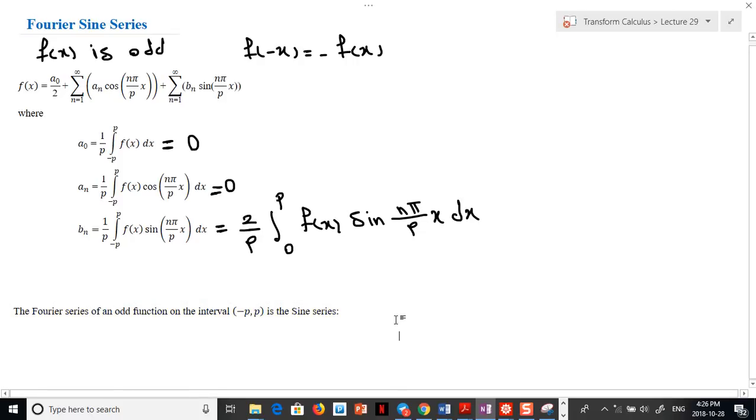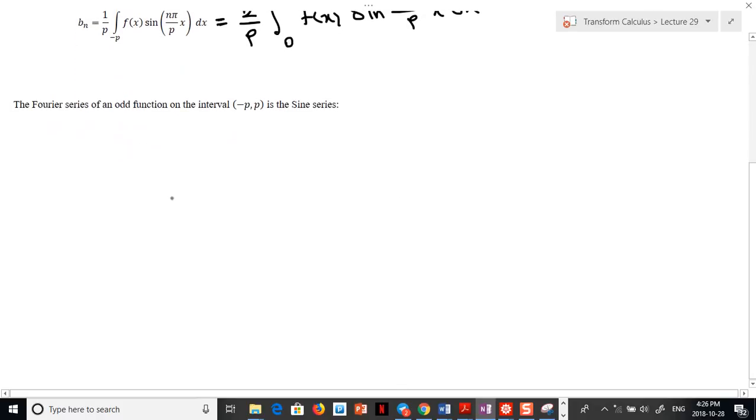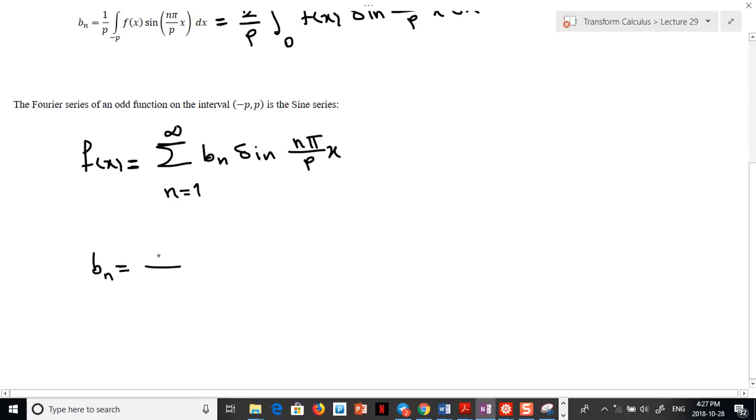For an odd function, the Fourier series of f(x) is equal to the summation of bn sine n pi over p x, n from 1 to infinity, and bn is equal to 2 over p, the integral from 0 to p, f(x) sine n pi over p x times dx.